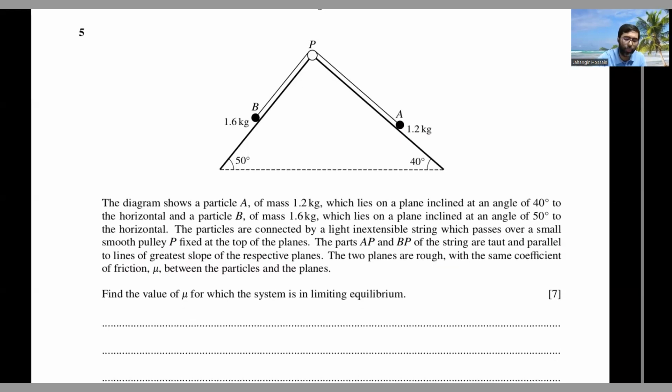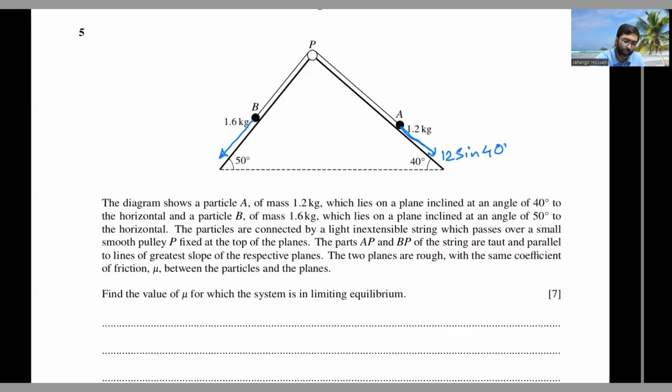To figure it out, you see the component of weight along the intended direction of motion of both particles. If you compare these two, you can easily determine which particle will descend. The component of weight along the intended direction of motion for A is 1.2 g sin 40, that's 12 sin 40.